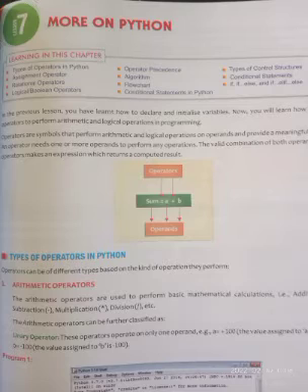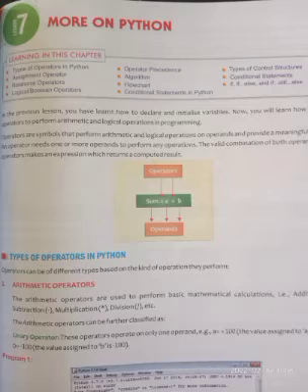Next one, or. In case of the or operator, one of the conditions has to be true. A less than 5 is not true, or b not equal to 10, both the conditions are false. So both conditions are false, so it will come as false. Next one, not.